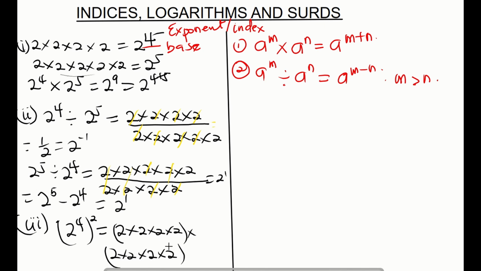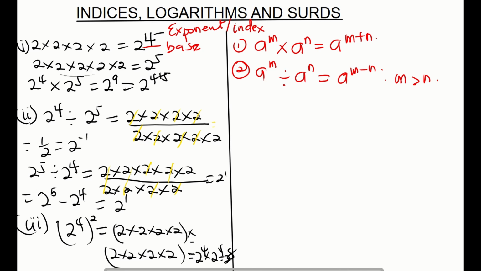So this is equal to 2 to the power 4 times 2 to the power 4. But from the first rule, when the same base with exponents are multiplying, we only add the index. Adding the index here, we have 2 to the power 8, which is 1, 2, 3, 4, 5, 6, 7, 8.